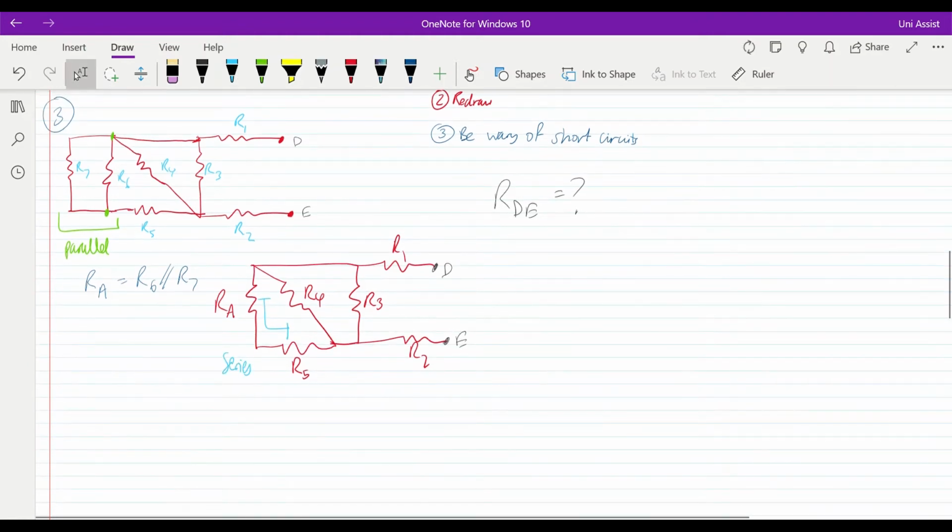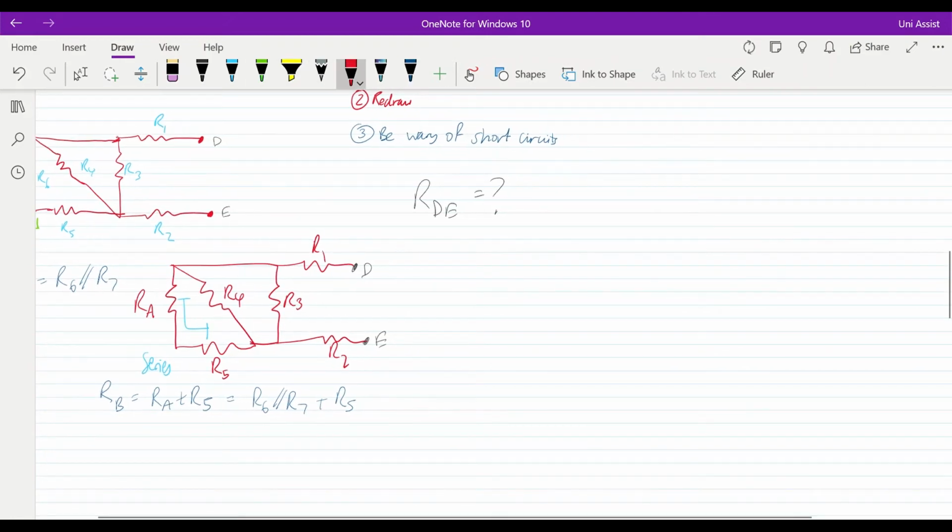And now I'm going to define R subscript B to be equal to RA plus R5. So recall that this is actually equal to R6 in parallel with R7 plus R5.